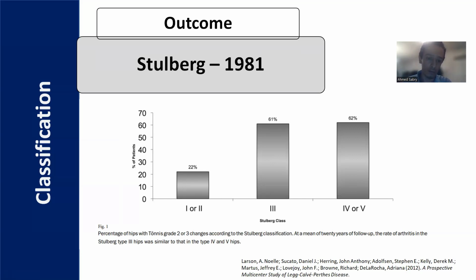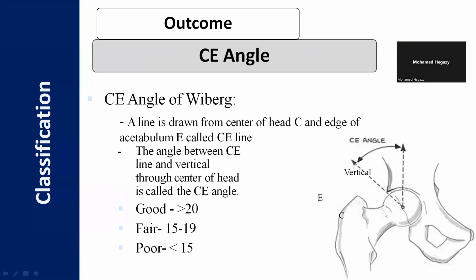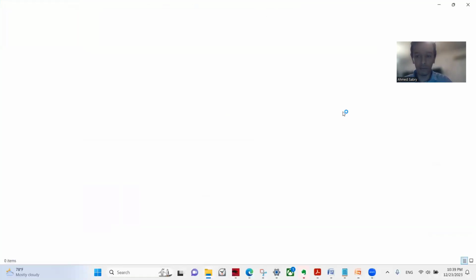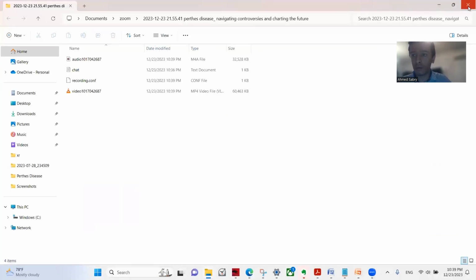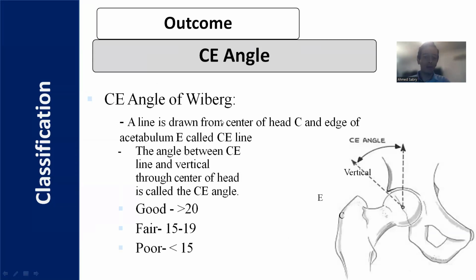Go ahead. Another measure is the angle of Wiberg, which is a line drawn from the center of the head, C, to the edge of the acetabulum, E. We call it the CE angle.